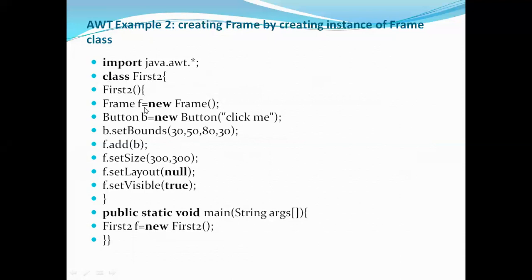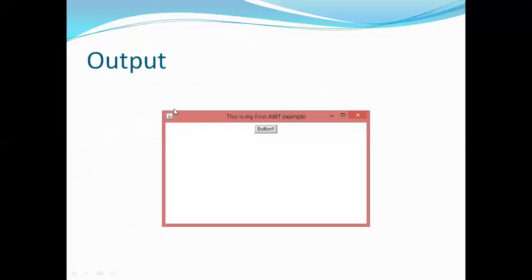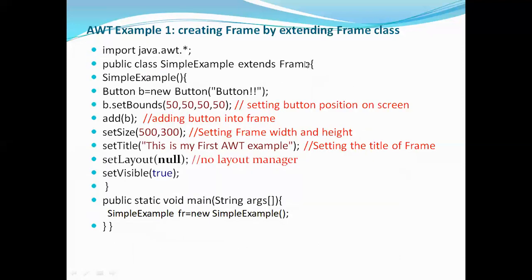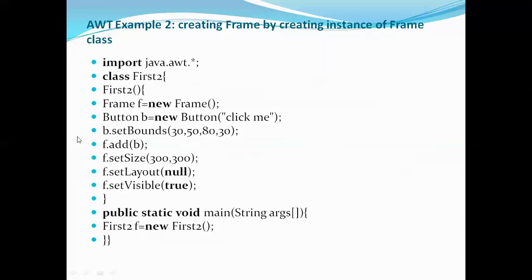Inside that first2 I'm writing the content here. Just observe, I'm creating a frame here. Previously we were extending the frame class, so you need not create any frame; by default you can just add your components to the frame. But here we are not extending the frame class. So first of all, you have to create a frame object.